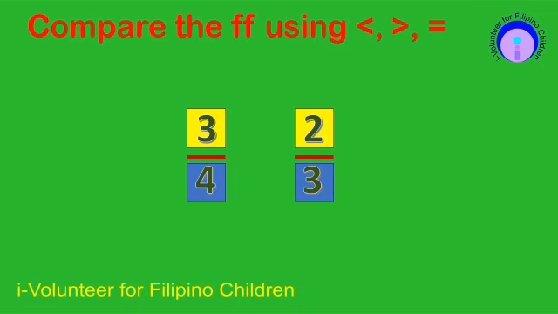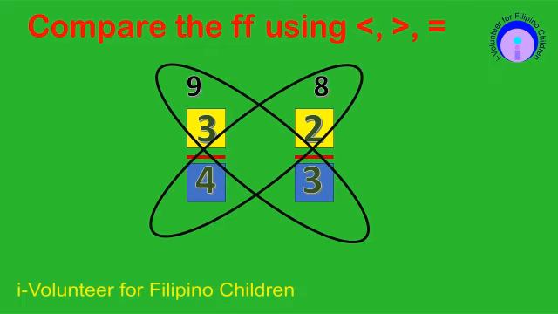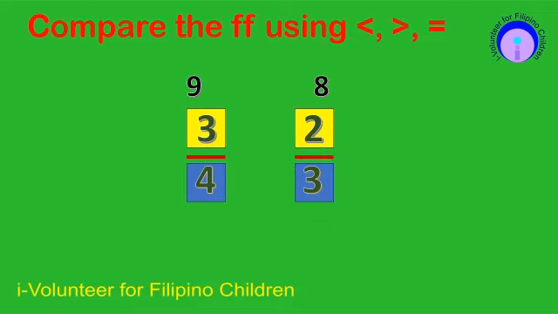Let's compare 3/4 against 2/3. Let's do the butterfly. 3 times 3 equals 9. 4 times 2 equals 8. Now, let's compare. 9 is greater than 8. Therefore, 3/4 is greater than 2/3.